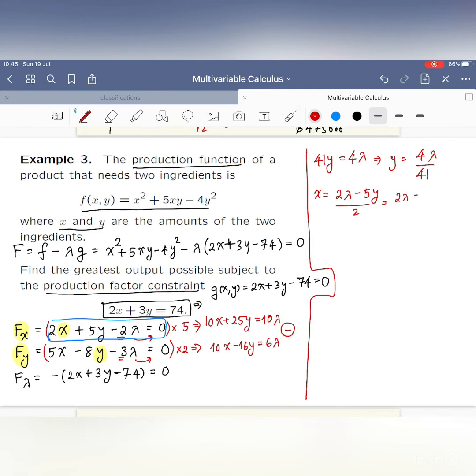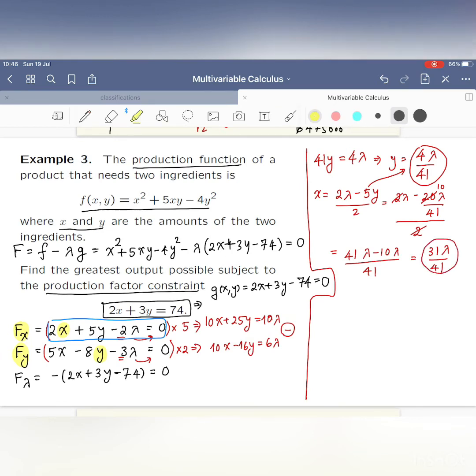Your y is this one, so you multiply by 5, and you have 20 lambda over 41, divided by 2. You do a simplification: 41 lambda minus 10 lambda over 41, so it is 31 lambda over 41. That's your x.